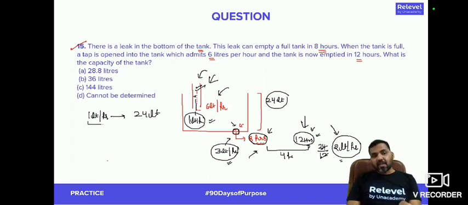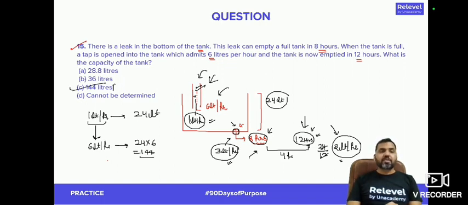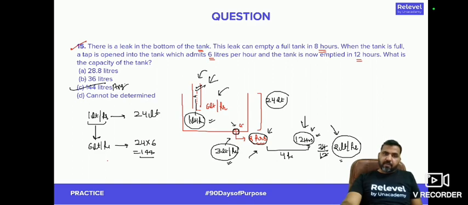If I make this value 6 times, that means if this becomes 6 liters per hour, then the total capacity of the tank will also become 6 times, and that will be 144 liters. Therefore, option C is going to be the correct answer to the question. This is how you can solve it without assuming any variable.